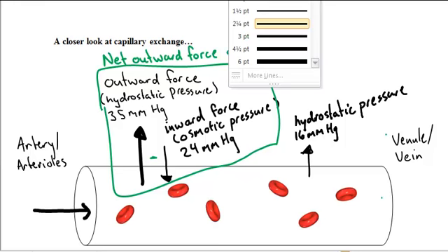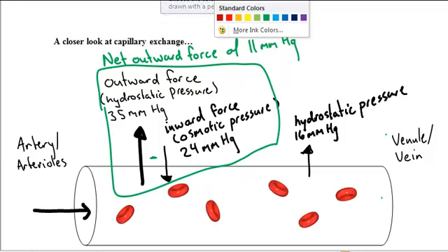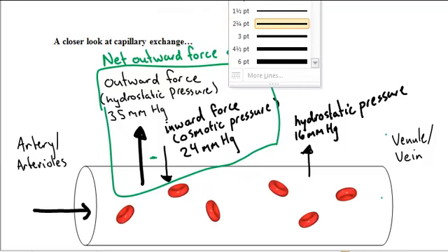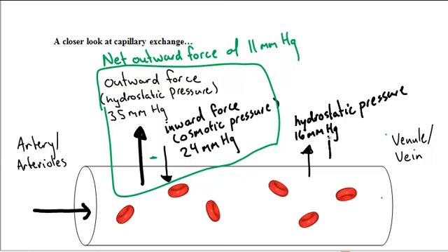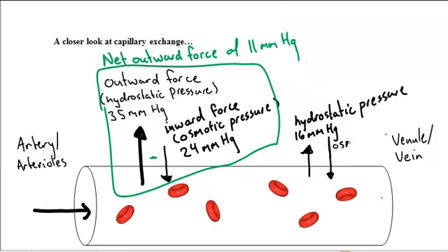Meanwhile, the osmotic pressure inwards remains relatively the same, at 24 millimeters of mercury.